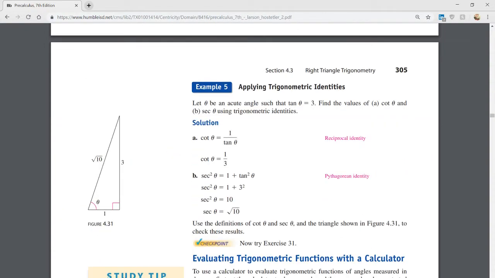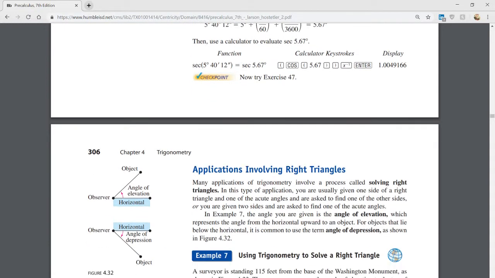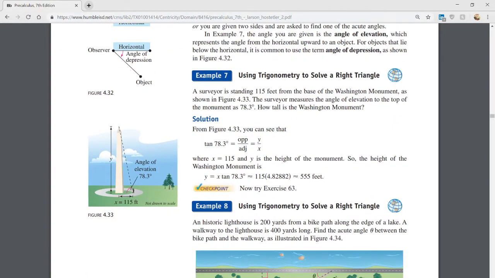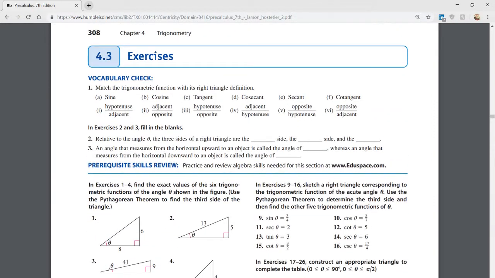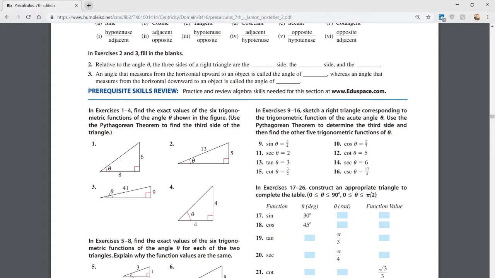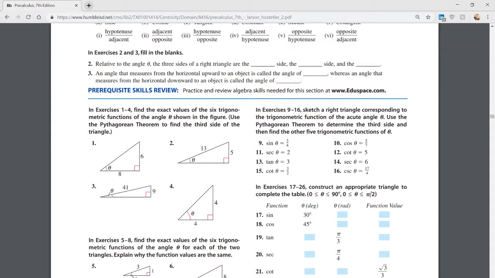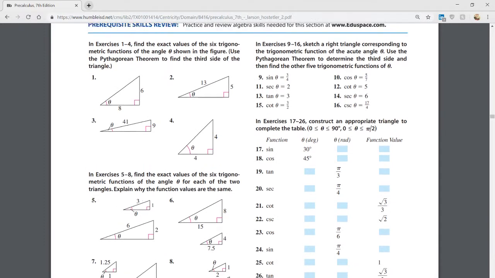But we're gonna do some examples that are more like some of these, for example.